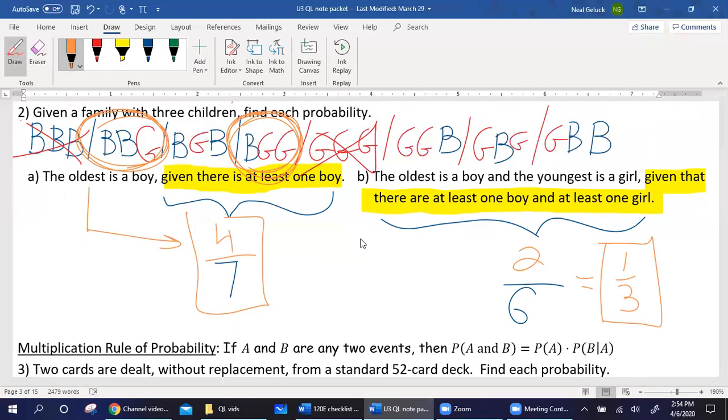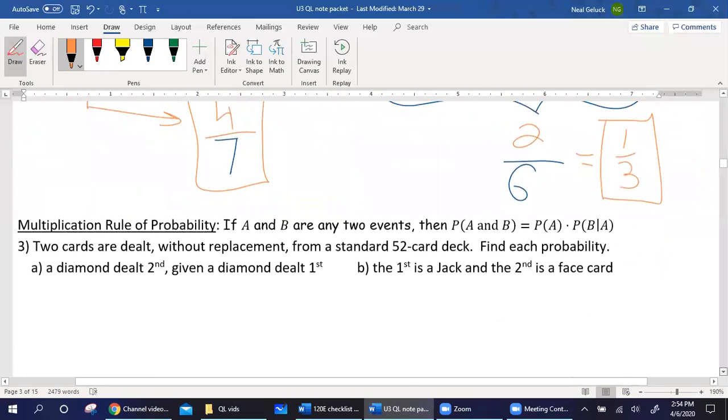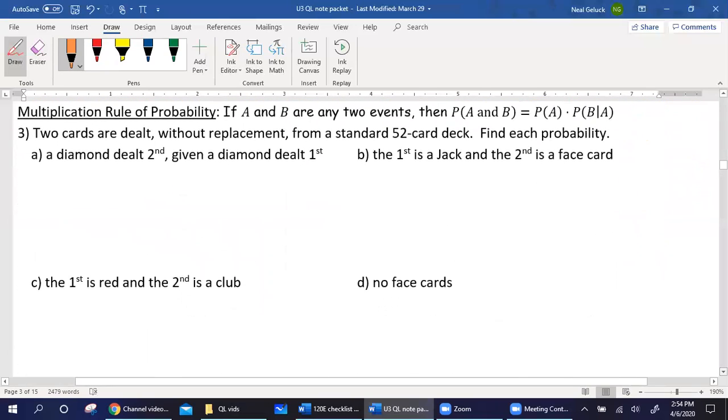So conditional probability, we have to reduce down our sample space and then look at that smaller sample space for what we want. The other concept in this chapter is the multiplication rule. So if we have 2 events, the probability of both of those events happening, we multiply them together. Now, this second part here where it says probability of B given A basically means I have to look for overlap again, which we'll see in the problems.